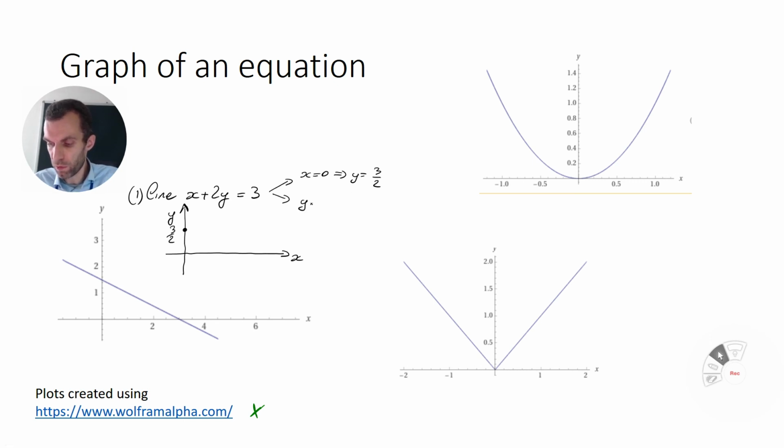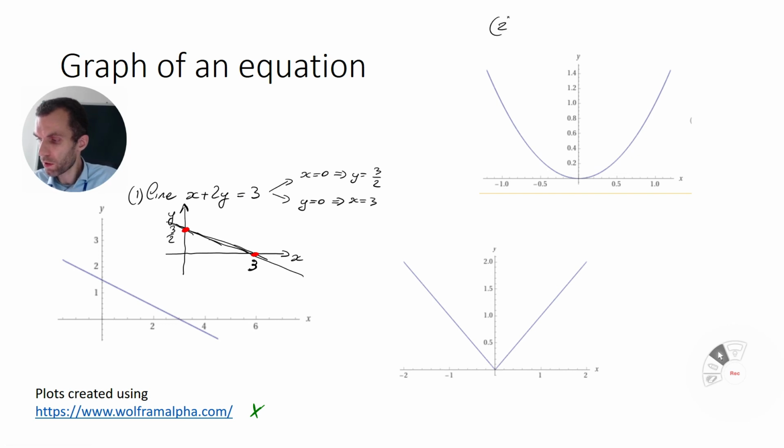And likewise, if we put y equal to 0, then we get that x is equal to 3. So that's maybe here. And then the line is the straight line through those 2 points. And we'll see in the next video that lines always have an equation this way.